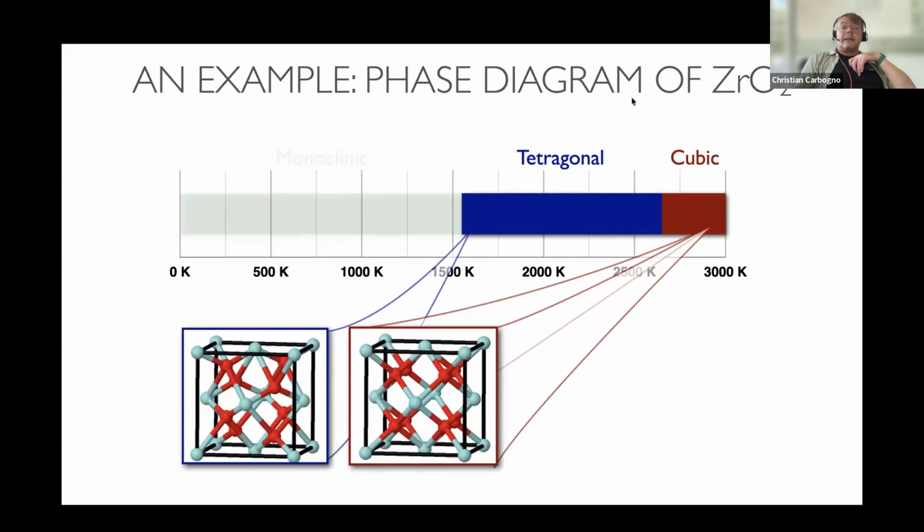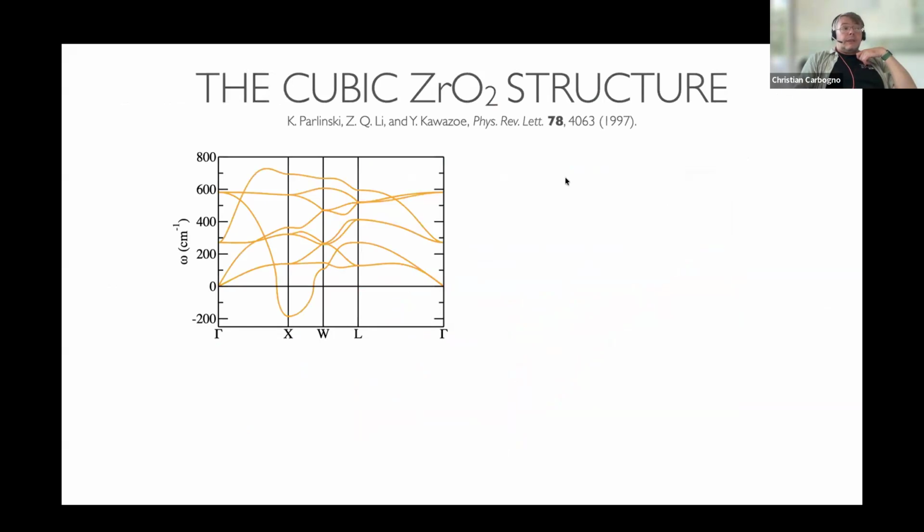If we now want to describe this tetragonal to cubic phase transformation, we now need also to calculate the cubic zirconia structure. If we do that, calculating the phonon band structure, what we get is a so-called imaginary mode here at X. What does this mean?